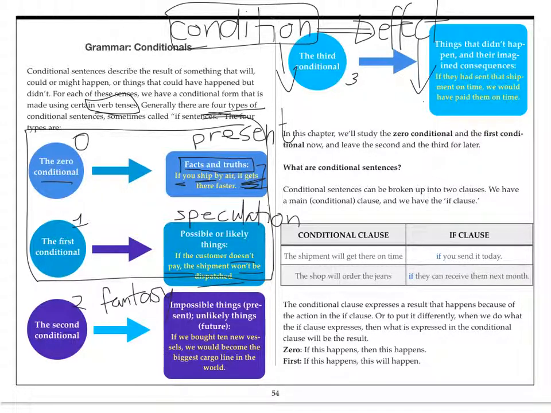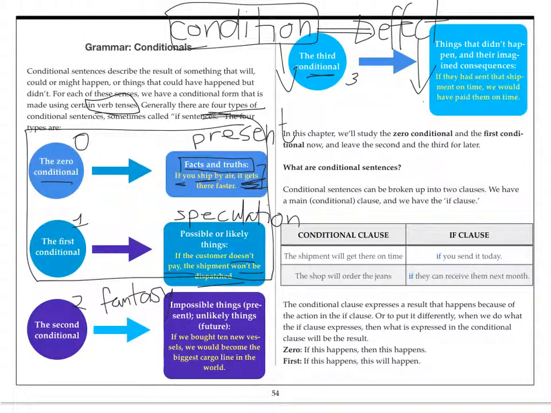The third conditional, in this type of sentence, we are talking about things that didn't happen and their imagined consequences. I know that doesn't make much sense when you read it like that, but let's have a look at the sentence. If they had sent that shipment on time, we would have paid them on time, right?